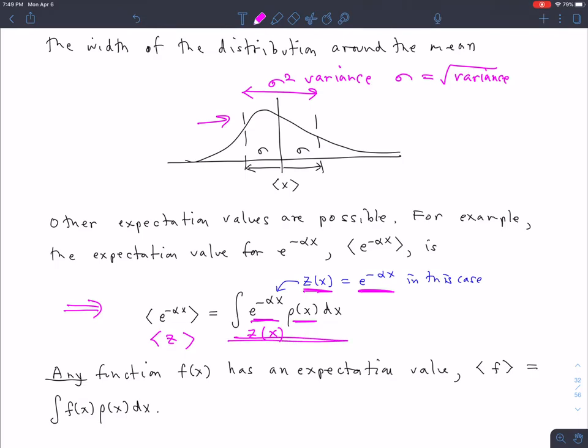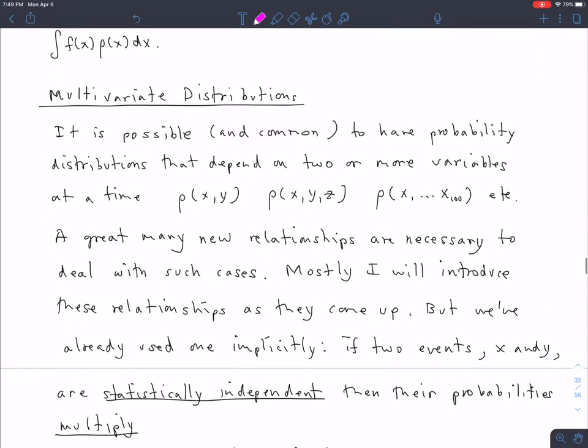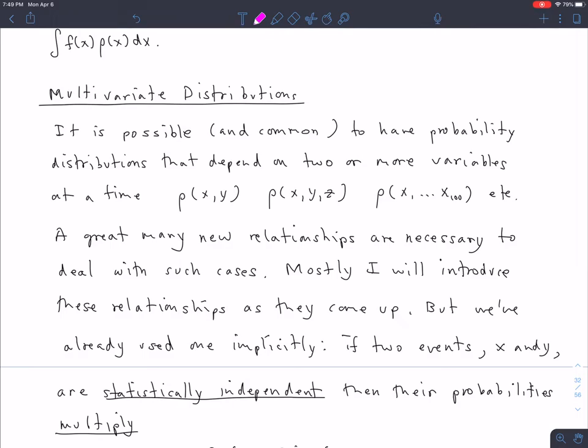I do the whole integral, and that gives me my mean for this particular quantity. It's the expectation value or weighted average value for these exponential quantities, whatever significance they may have in a physical setting.